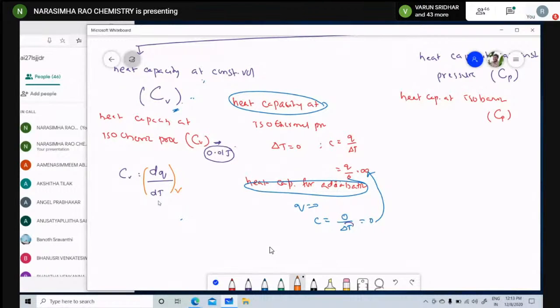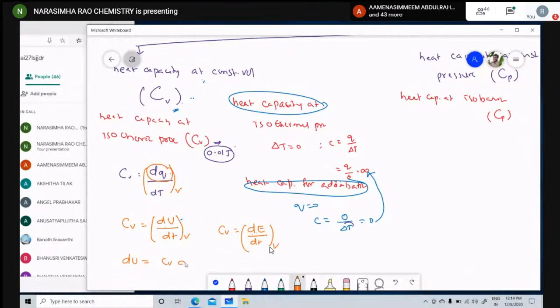But we know, children, that at constant volume, the heat change is called the change in internal energy. So Cv is equal to dU by dT at constant volume. We may write Cv is equal to dE by dT at constant volume, where dE is equal to dU. Now dU is equal to Cv dT.